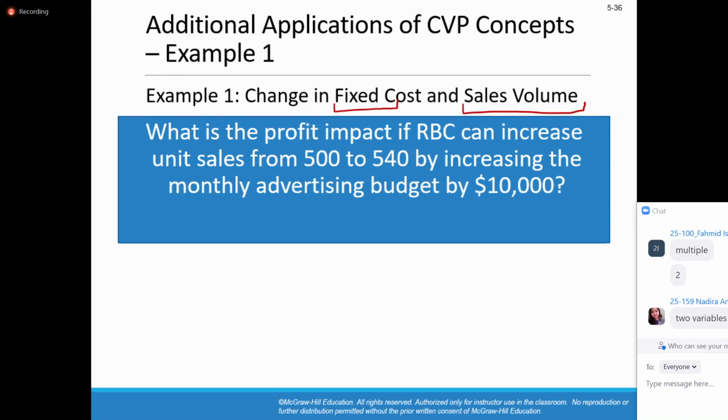Can you recall what we mentioned in the slide before the previous slide about the usefulness of the contribution margin ratio?